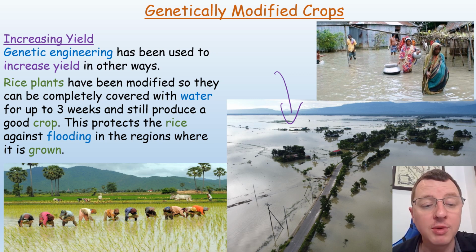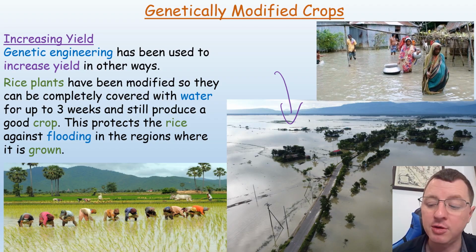This, of course, would normally damage and destroy the crop plants and leave the population at risk of starvation and famine. But if we were growing these genetically modified rice plants, they might be able to survive for this period of time, and the local population would still be able to harvest a crop of rice to feed itself and be sustainable.